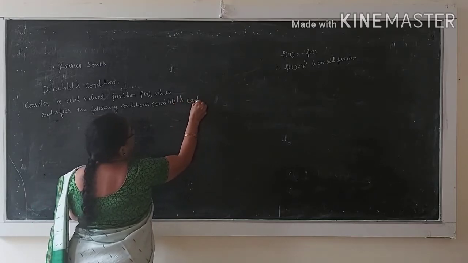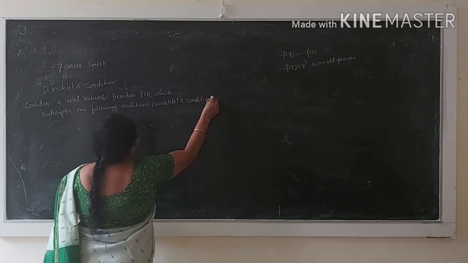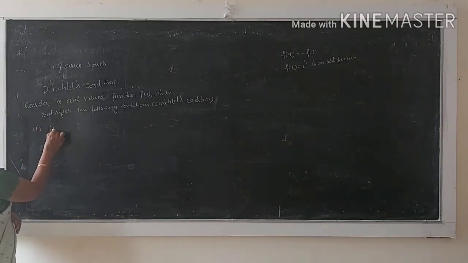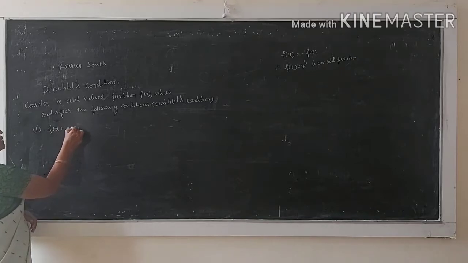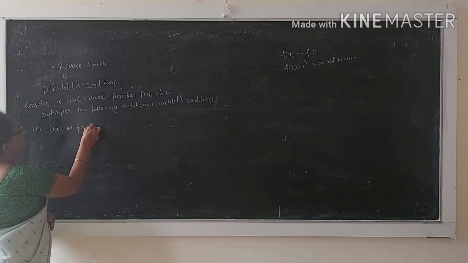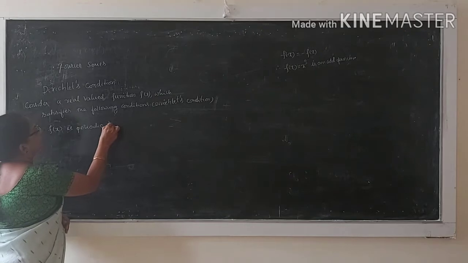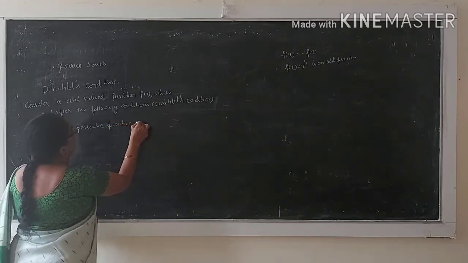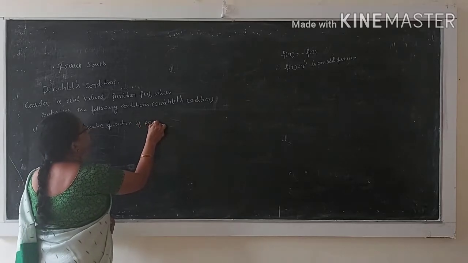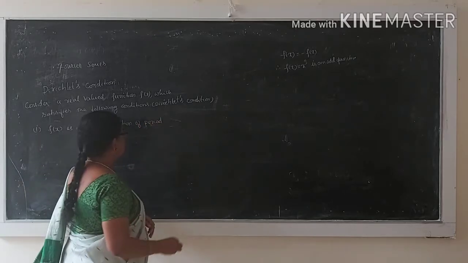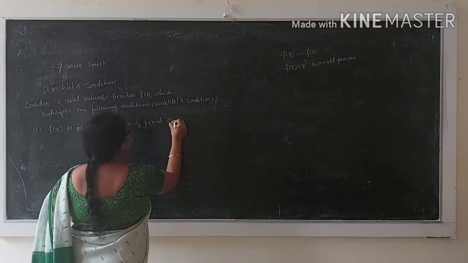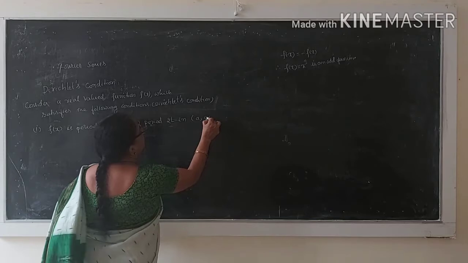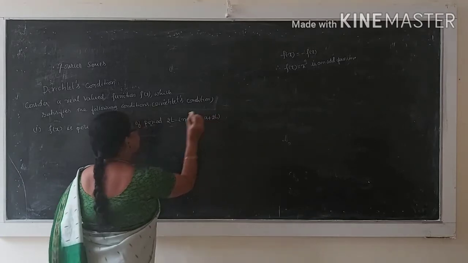First one: f of x is a periodic function of period 2L in the interval a to a plus 2L.